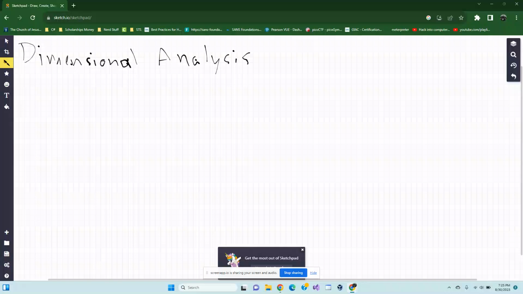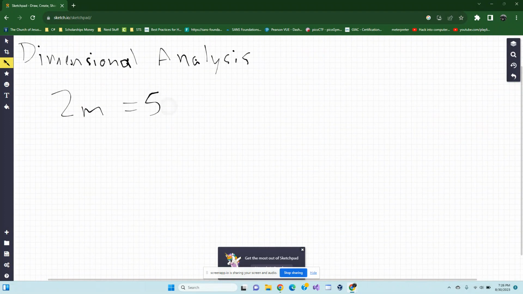Okay, dimensional analysis. So in physics, dimension really just means the unit. So in dimensional analysis, we're focusing on the units of an equation. So let's say I had 2 meters equals 5 meters.